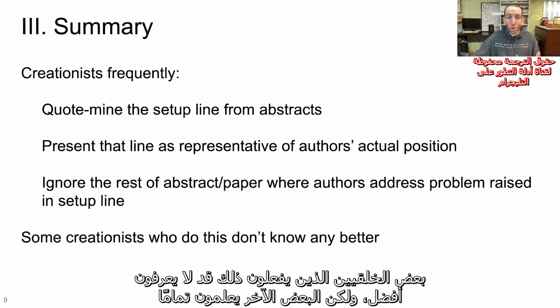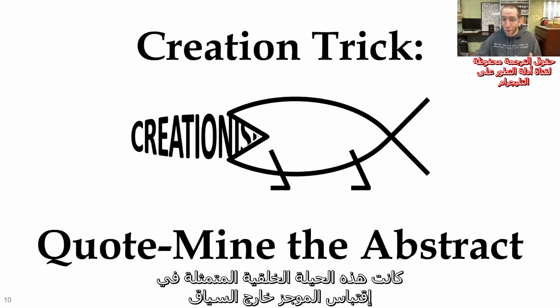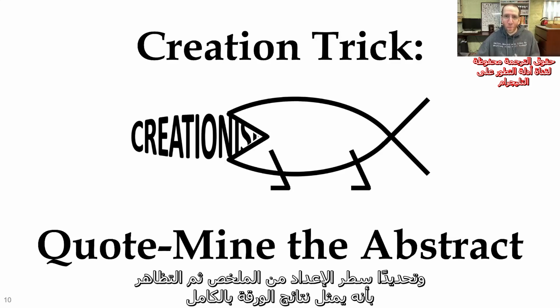Some creationists who do this may not know any better, but some definitely do. This has been the creation trick of quote mining the abstract, specifically the setup line from the abstract, and then pretending that's representative of the findings of the entire paper.